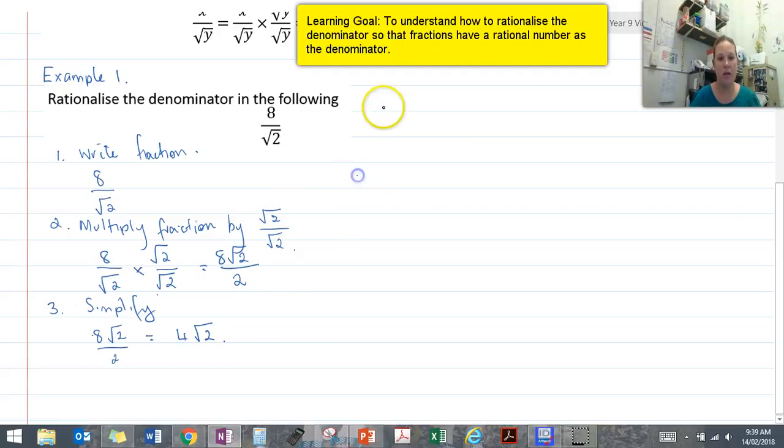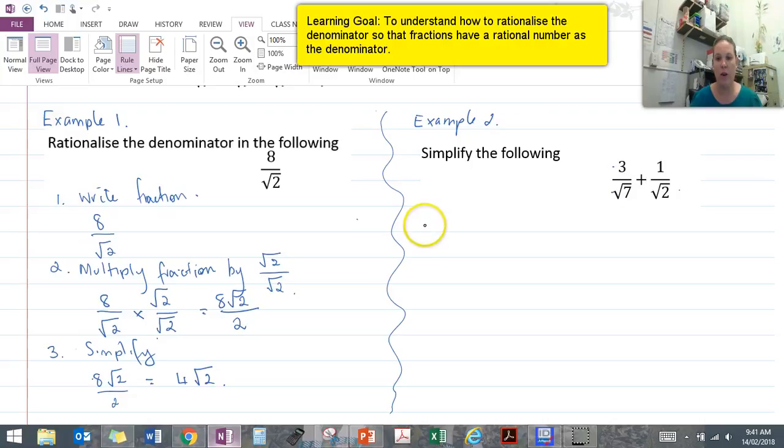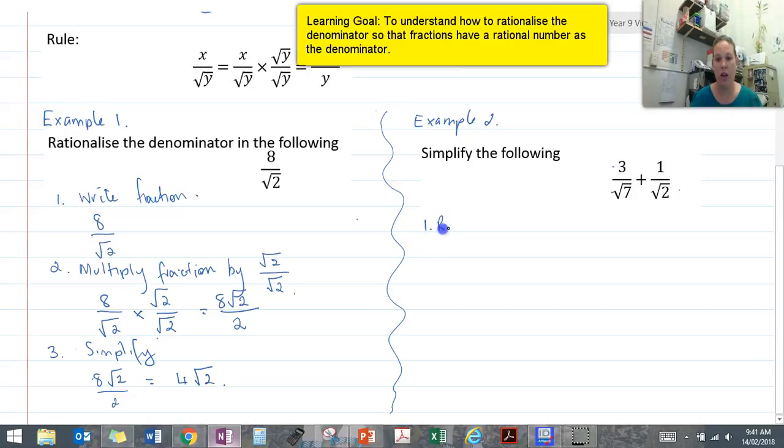For our second example, we're going to simplify the following: 3 over the square root of 7 plus 1 over the square root of 2. So for example 2, the first thing that we're going to do is rationalise each of our denominators.